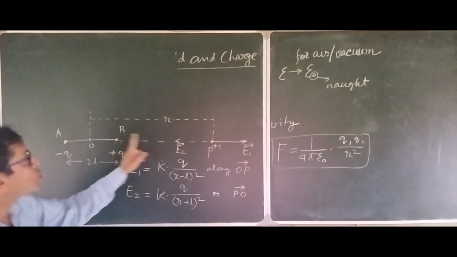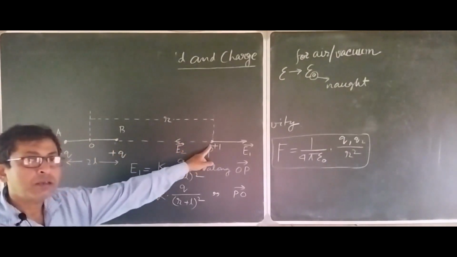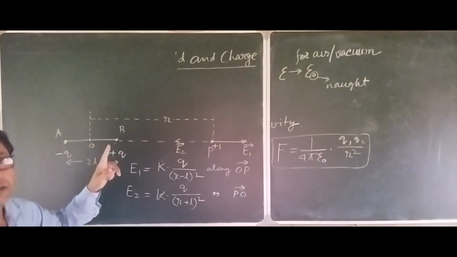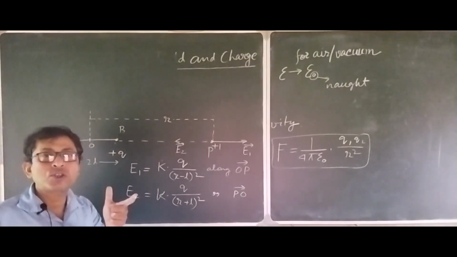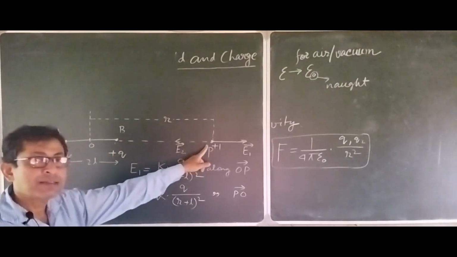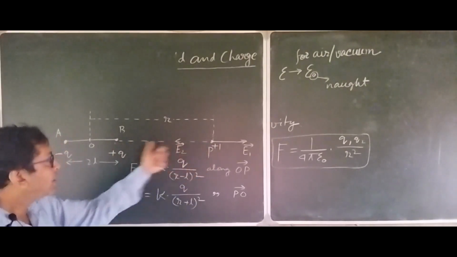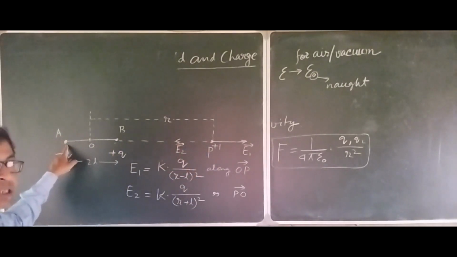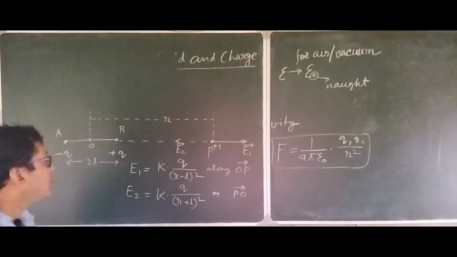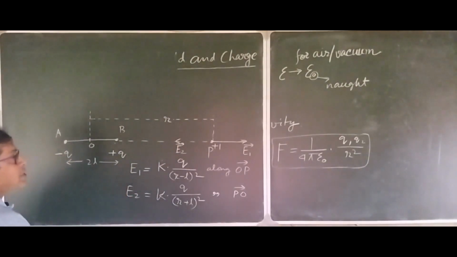Since this point B is closer to P, according to Coulomb's law, the force of attraction or repulsion is inversely proportional to the square of the distance. That means when the distance is less, the force is more. So the repulsive force is more than the attractive force because this negative charge is further from the point P. That means there will be a net field intensity.